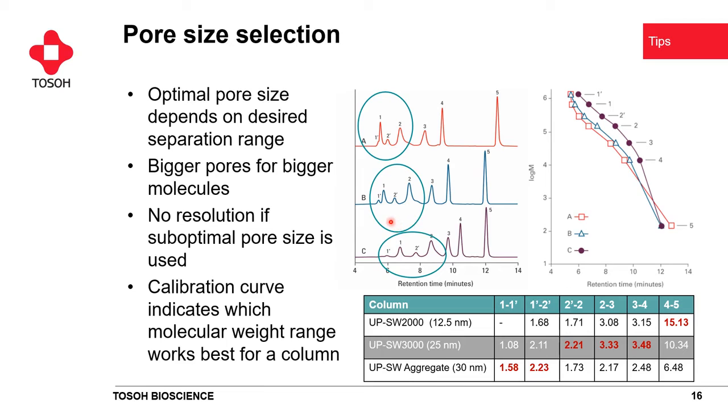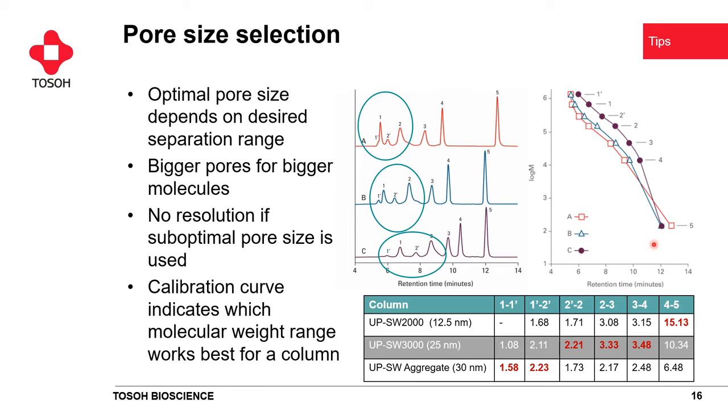In this case, we start at 650 kilodaltons and we get down to around 40 kilodaltons, and there's also a small molecule with only a few daltons in this molecular weight standard. And then we run that on our column and plot the molecular weight against the retention time.